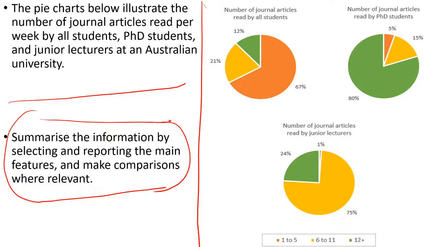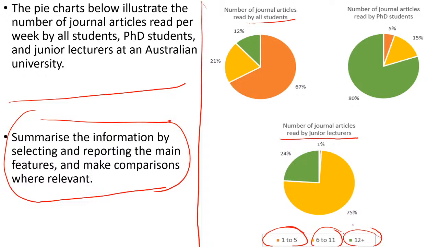So the number of journal articles read by all students, by PhD students, and by junior lecturers. Now let's look at the journal articles read by all students. You can talk about the slices over here. This is 0 to 1, this yellow is 6 to 11, and 12 plus is the green one.